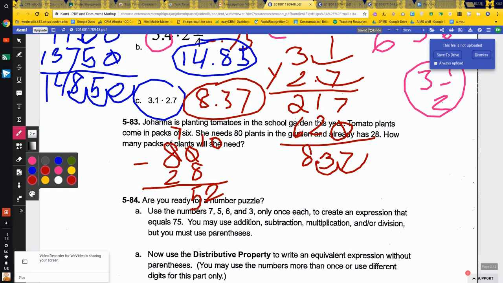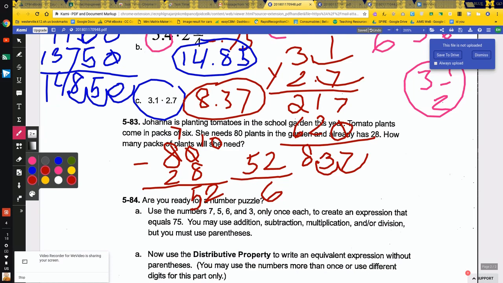If they come in packs of 6, we could do it 2 ways. I could say, hey, I need 52. So how many 6s go into 52 to figure out how many tomato plants I still need to buy. 6 goes into 52.